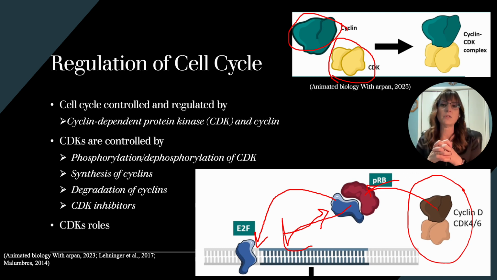The CDKs can also target actin and myosin, which are the contractile fibers that cause cytokinesis and make the one cell split into two cells. So without the cyclin CDK complex, the cell cycle won't even get going. It won't get out of G1 if that very first complex can't do its job. And of course, the other ones have their jobs as well, but that's for a later video.